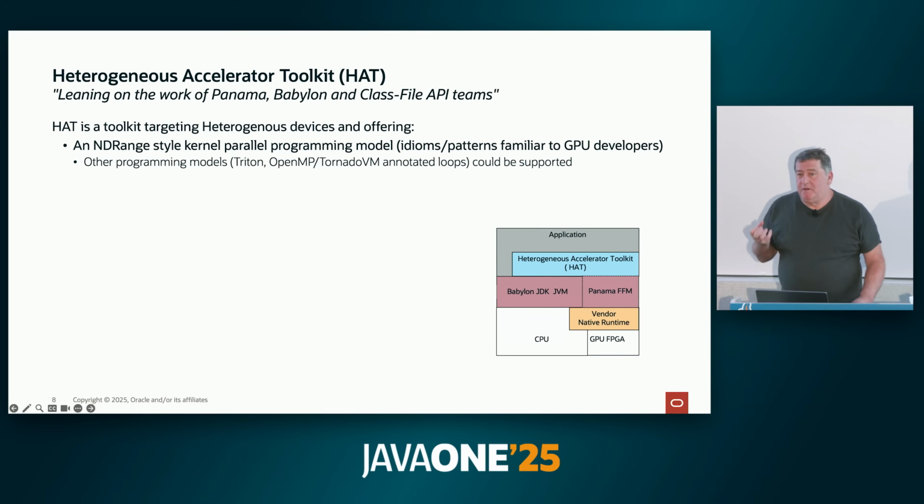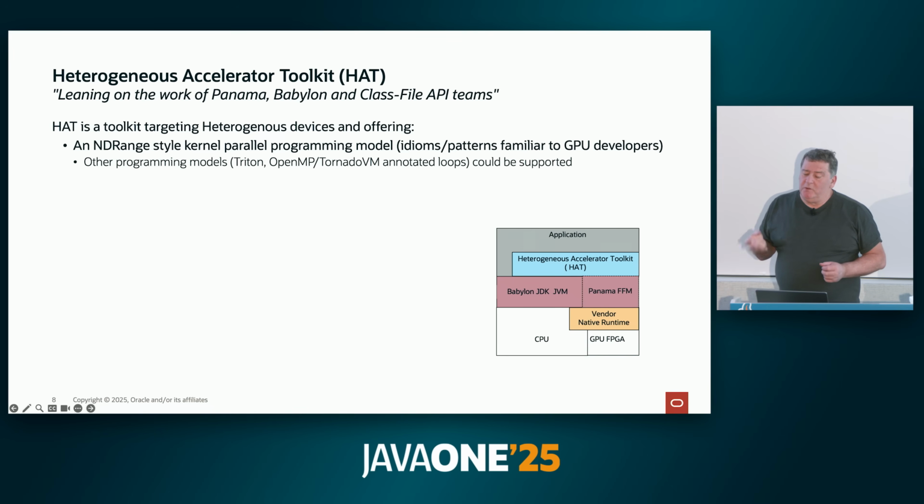So what I'm going to talk about today is the Heterogeneous Accelerator Toolkit, which is actually a project within the Babylon project, which is what Paul was talking about earlier. And Babylon is our attempt to be able to take Java code and move it into foreign runtimes. The particular runtime we have in mind here would be like a CUDA runtime or an OpenCL runtime, something that can get us off to the GPU.